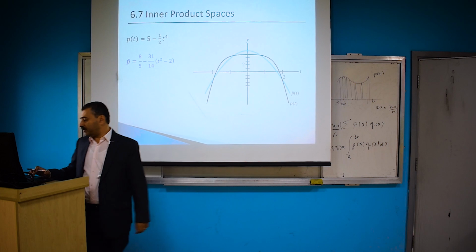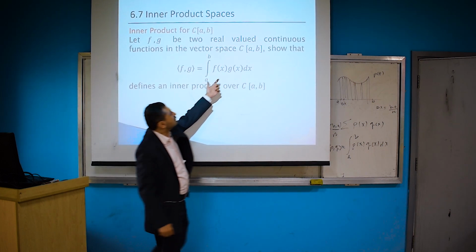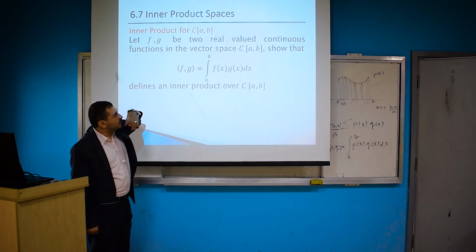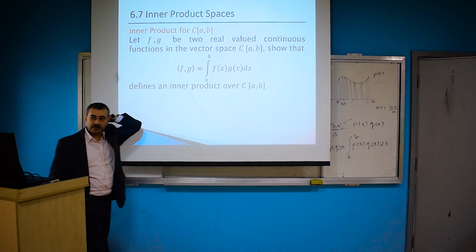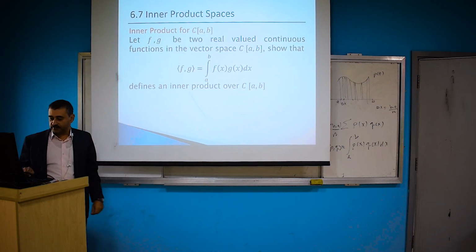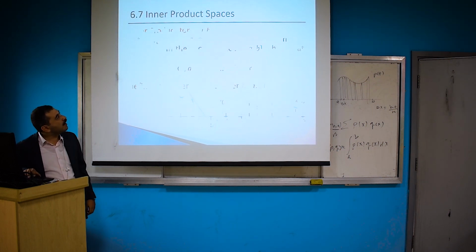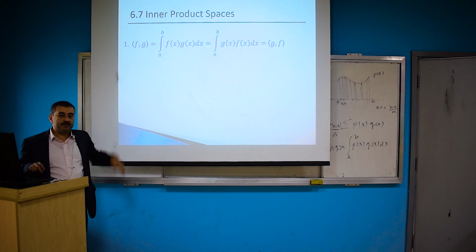طيب فاحنا usually بقى لما تبقى عندك continuous function وفي interval of interest a and b, you define the inner product as the integral from a to b, the product of the two functions. Okay. If you want to check, you can check all the axioms for the inner product.